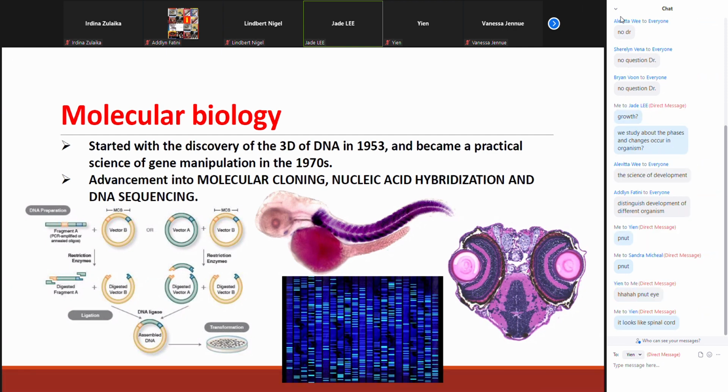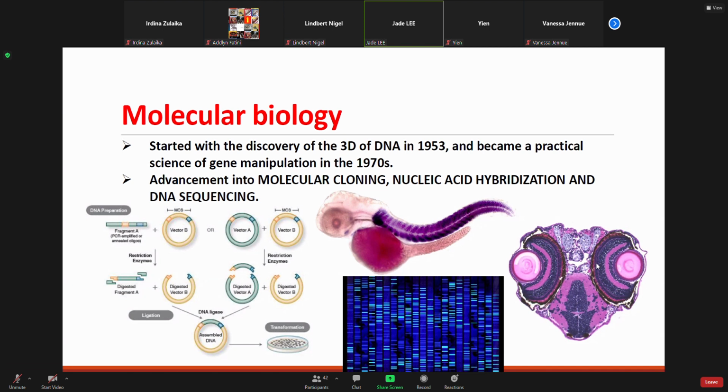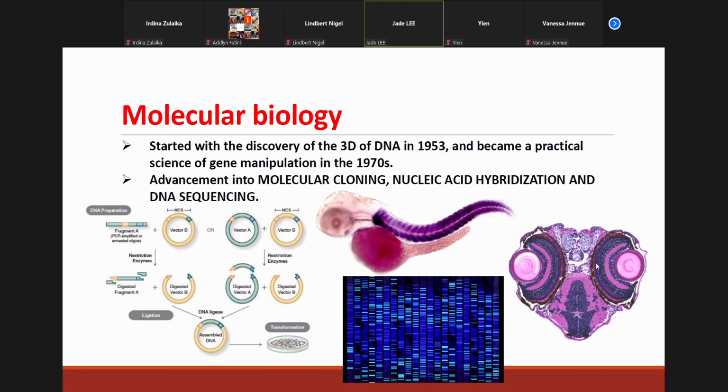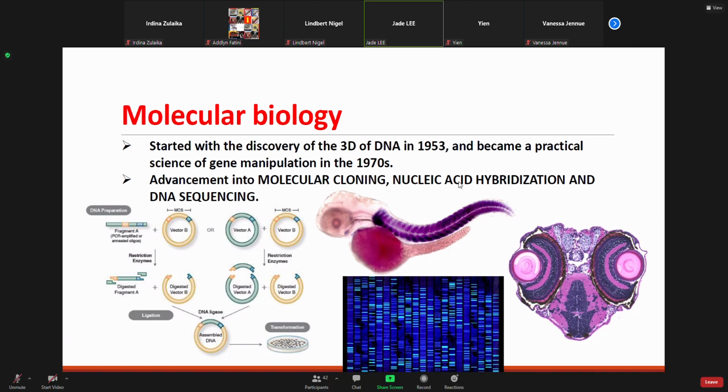So what can you deduce from this expression? What can you tell from this expression of the gene?